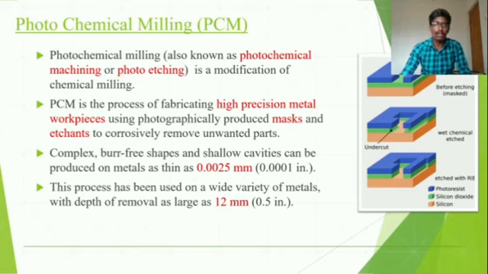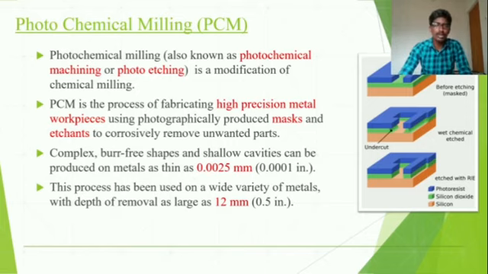In the photochemical milling process, chemical energy is used to remove the unwanted material from the workpiece metal. Photochemical milling is also known as photochemical machining or photo etching. It is a modification of the chemical milling process.